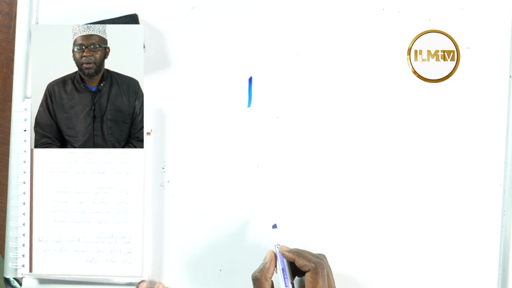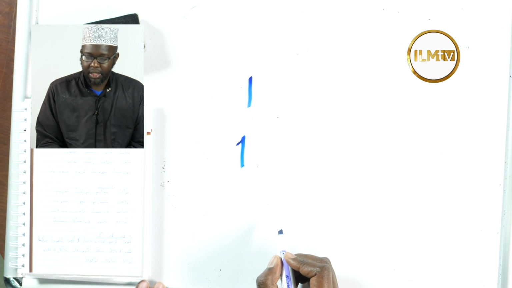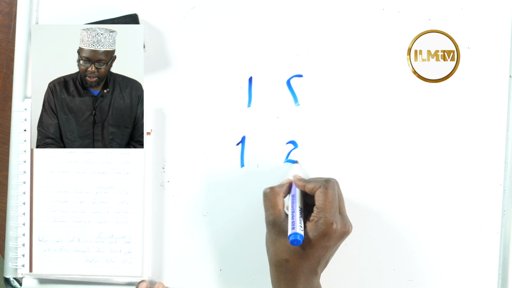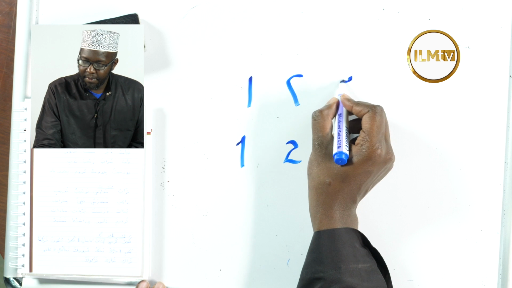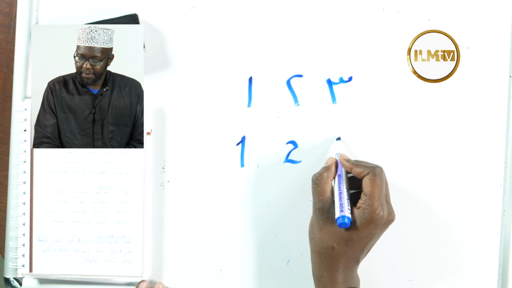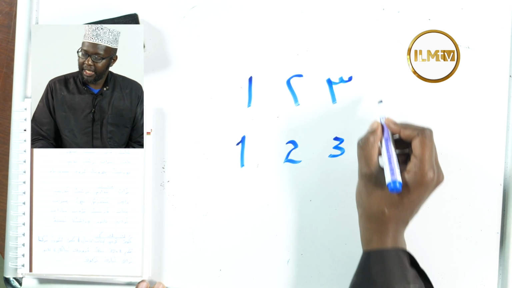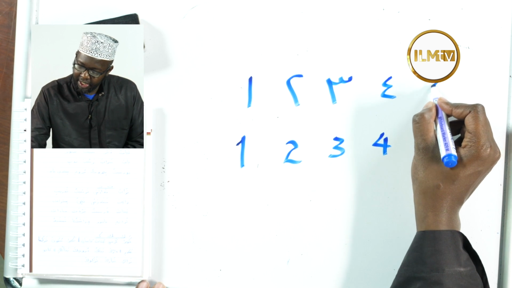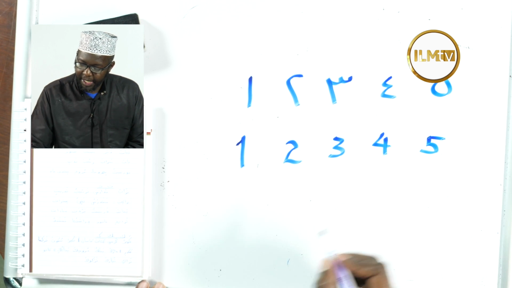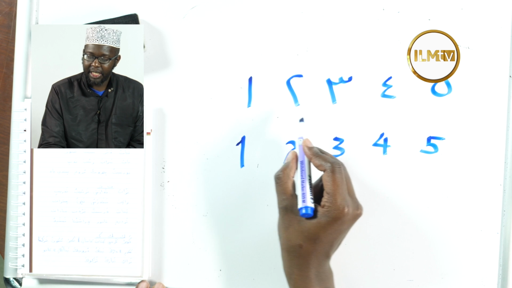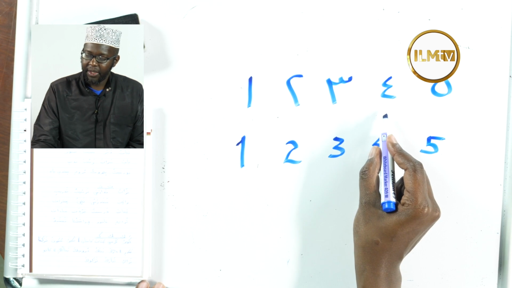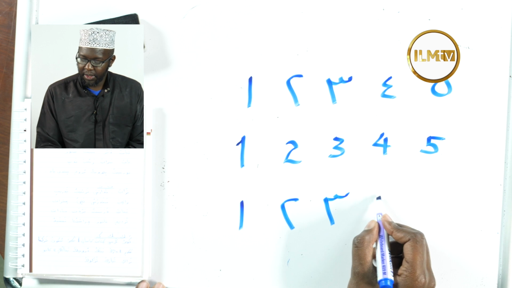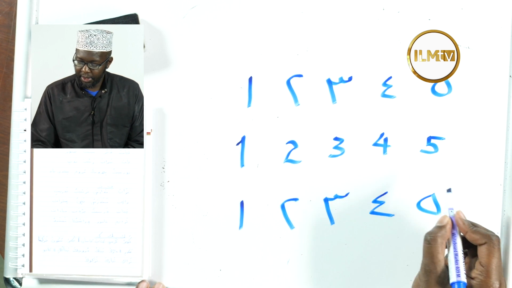You have 1, then we have 2, then we have 3, then 4, then 5. So that's 1, 2, 3, 4, 5.